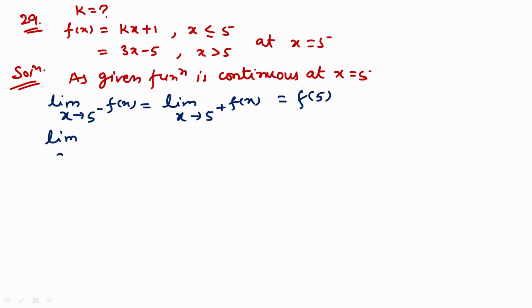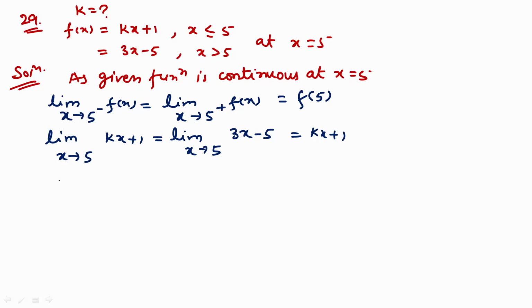Limit x tends to 5 minus indicates that the value of x is less than 5, so the function will be kx plus 1, and limit x tends to 5 plus indicates that the value of x is greater than 5, so the function will be 3x minus 5, and f of 5 means the function when x is equal to 5, so the function will be kx plus 1.